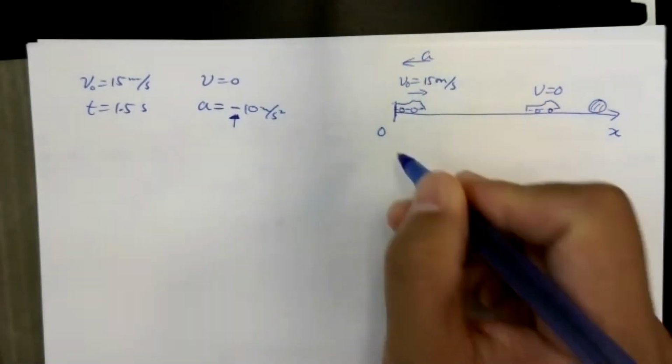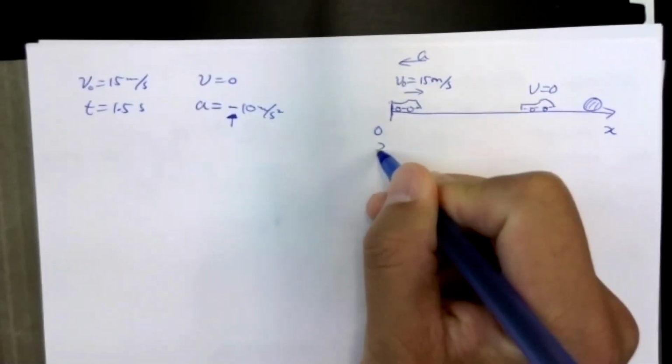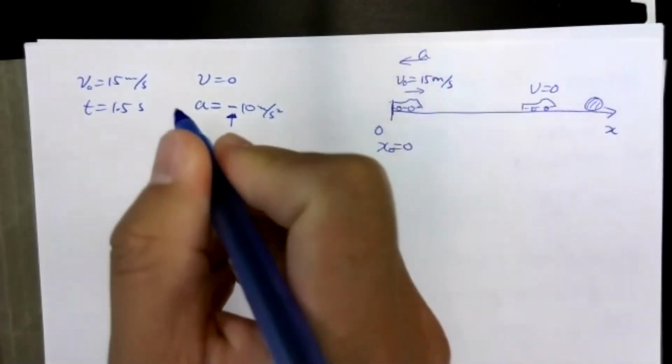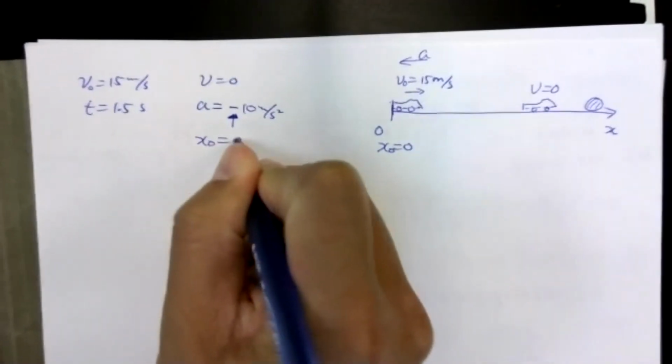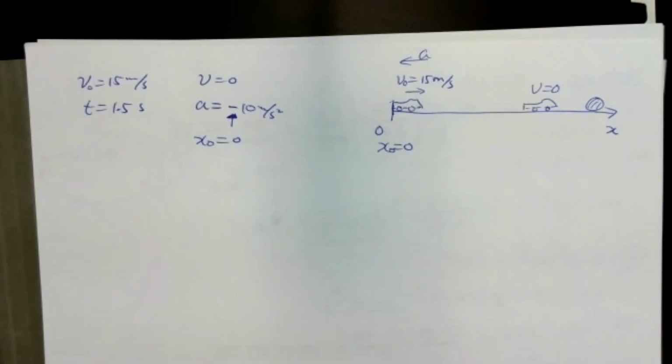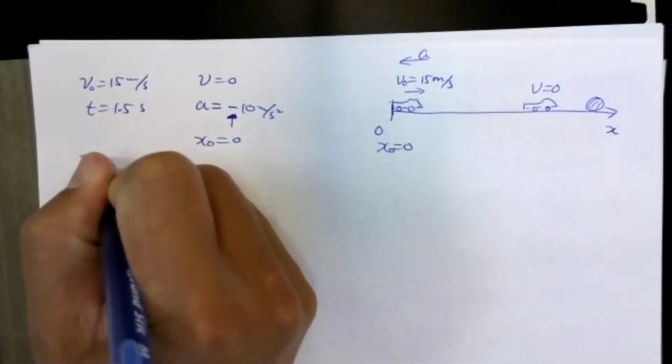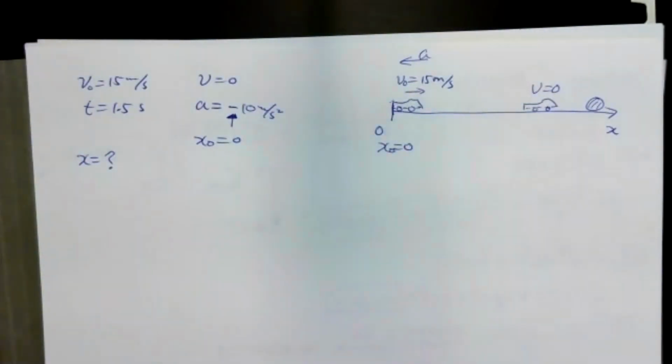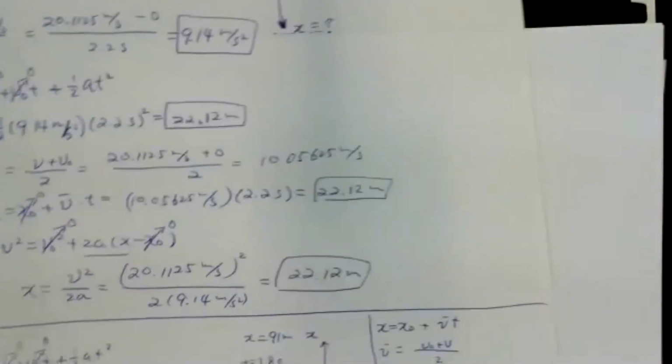And then because you take this as origin, that tells you that x0 is 0, okay? So also we know x0 is 0. And we are looking for x. All right. So again, you check the 5 equations for one-dimensional constant acceleration motion.